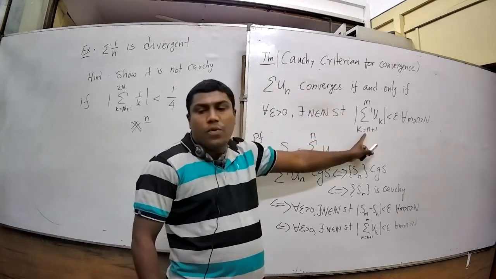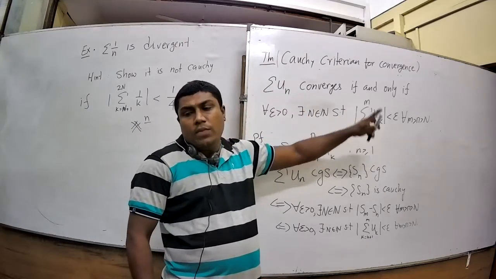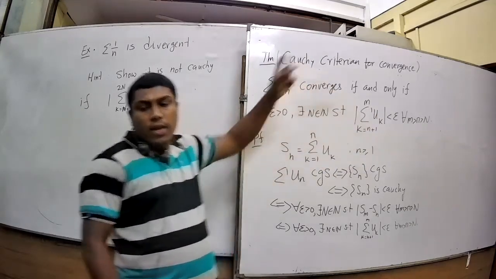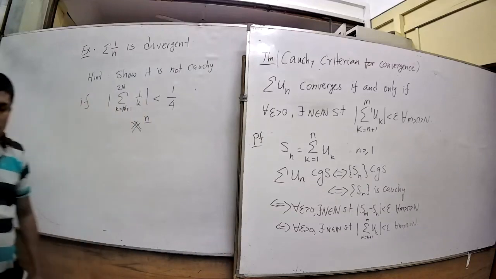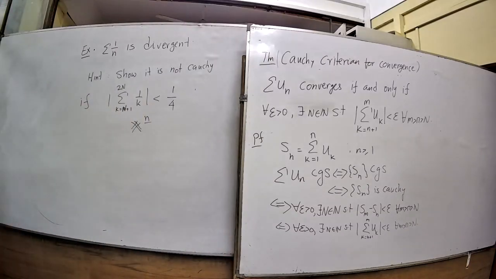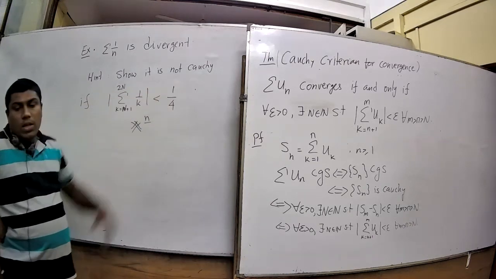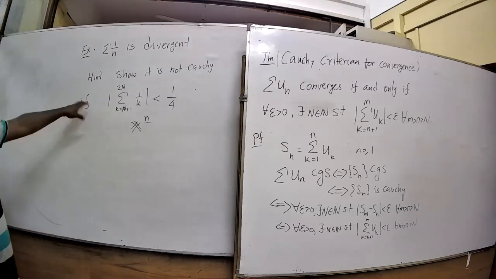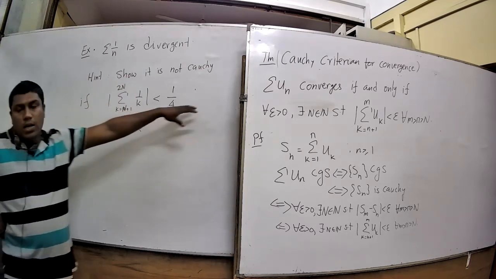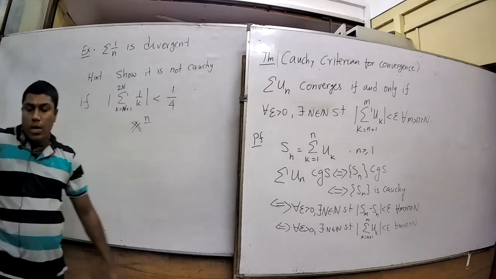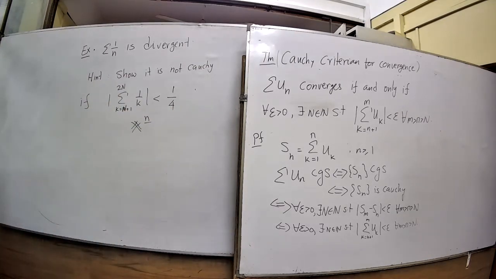Convergence if and only if Cauchy. So that means if it is not Cauchy, then it will not converge. That means it diverges. Right. So that is what we are trying to show: it is not Cauchy. So you assume it is Cauchy, and you know for every epsilon positive, blah blah blah, this thing is less than epsilon. It's not true if it is Cauchy, right?